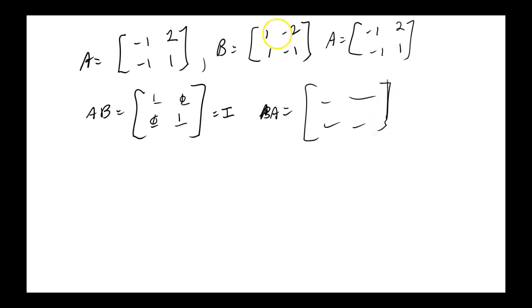Okay, 1, 1 entry here would be 1. 1, 2 entry would be 0. 2, 1 entry would be 0, and 2, 2 entry would be 1. Perfect. That's also the identity matrix, 2 by 2 identity matrix.